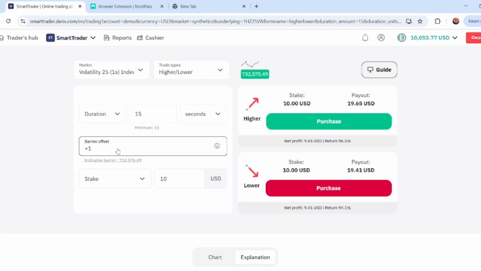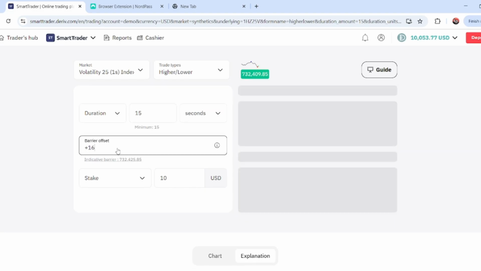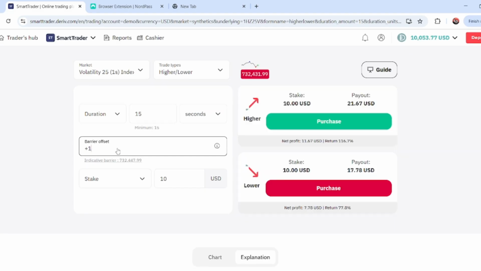Let's do 17. Let me see what 17 has to offer. Okay, let's do 16. Okay, I think it's 15. Okay, 15 is okay. So this is how you adjust your barrier offsets.